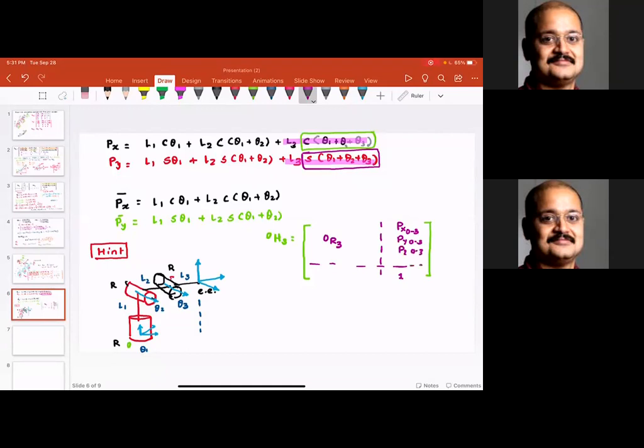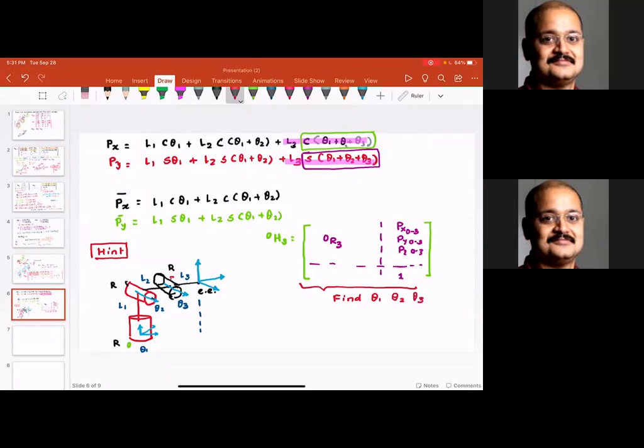Everyone understood this? So looking at the mathematical jugglery that we did over in the previous few slides, you can find out at the end from here, you can find theta 1, theta 2 and theta 3.